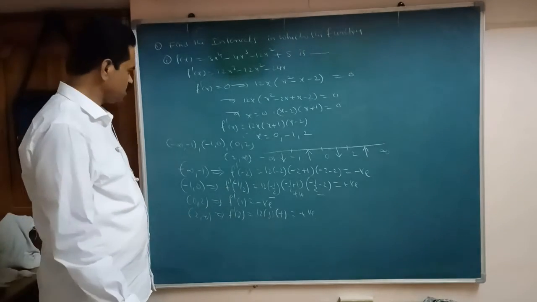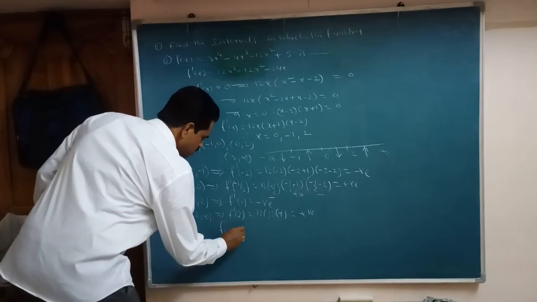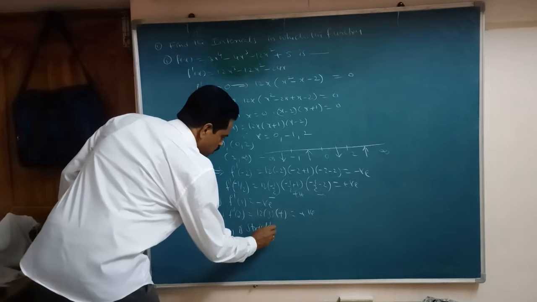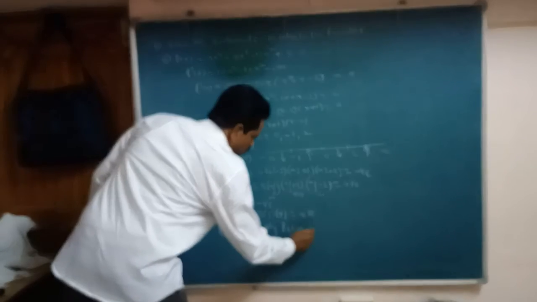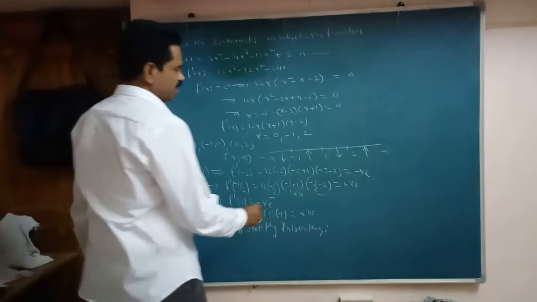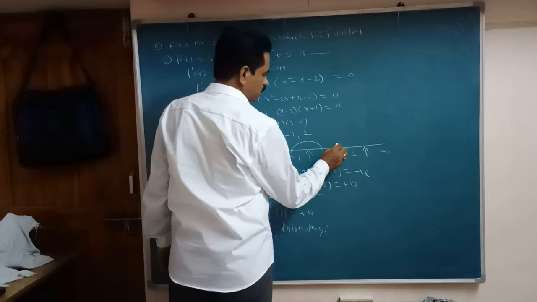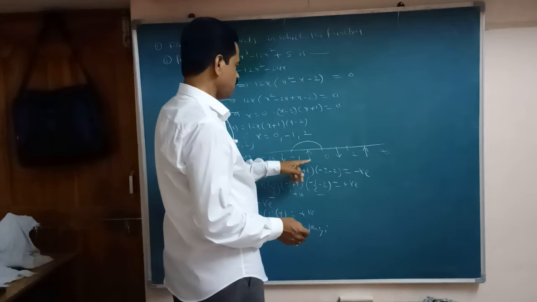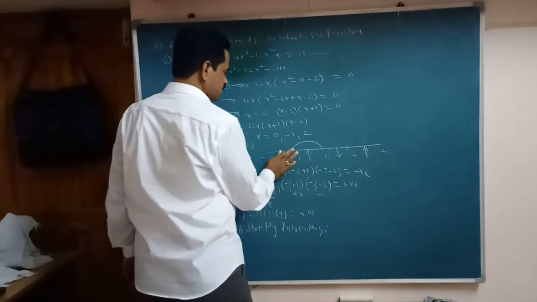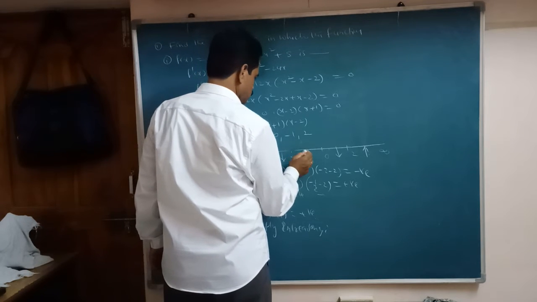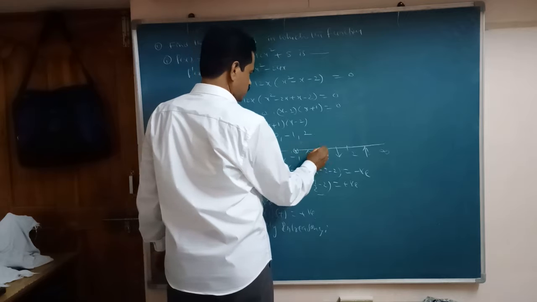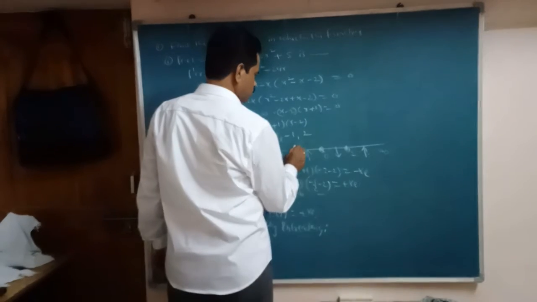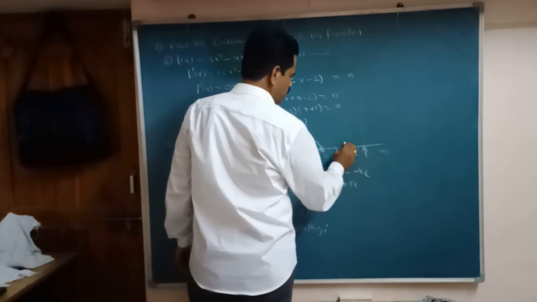Next, conclude. f(x) is strictly increasing on which intervals? From −1 to 0 it is increasing, and from 2 to infinity it is increasing.